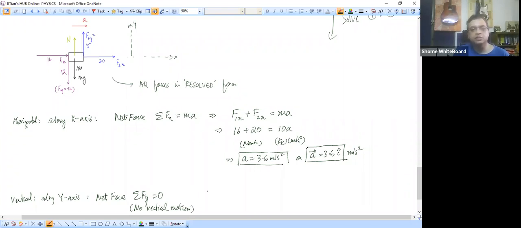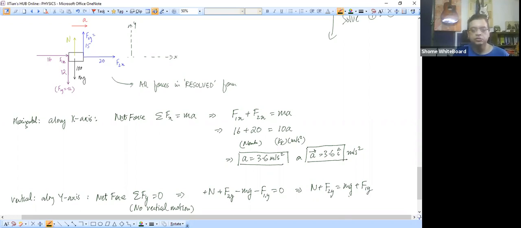So now you see our vertical forces: N is coming with a plus sign because it's along the positive y-axis. F2's y component is coming with a positive sign. But mg is downwards, and F1's y component is also downwards, and the net should be 0. That means the sum of normal reaction plus F2's y component should balance the sum of weight plus F1's y component.